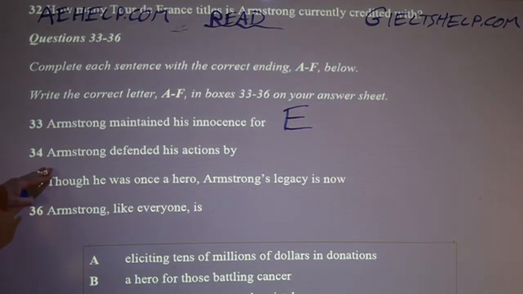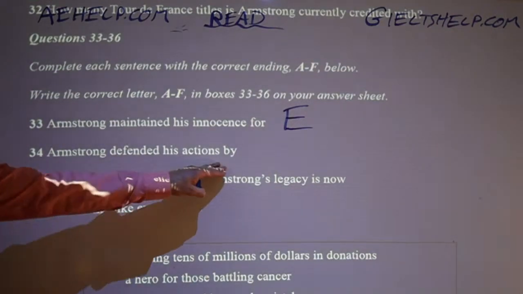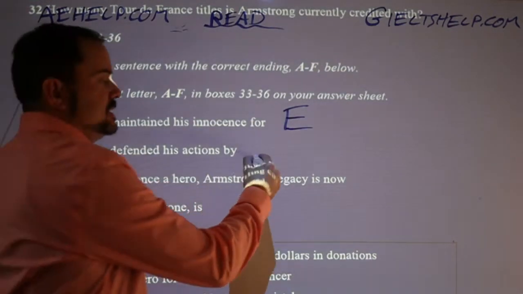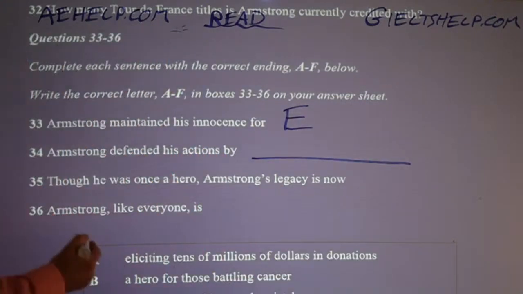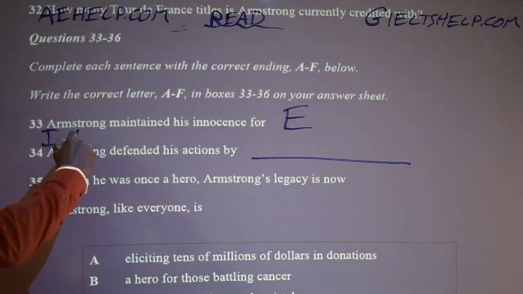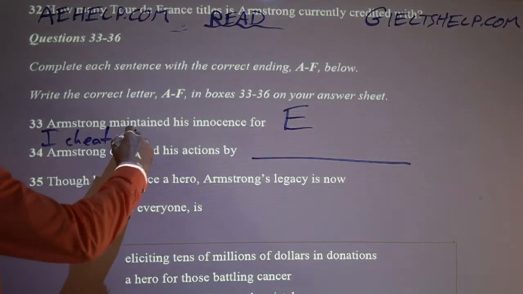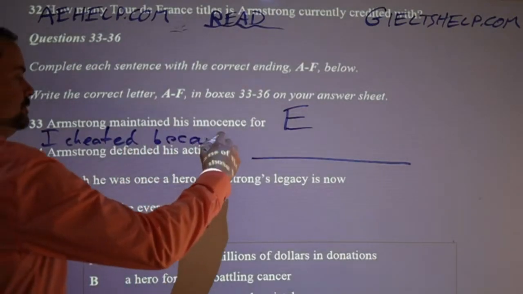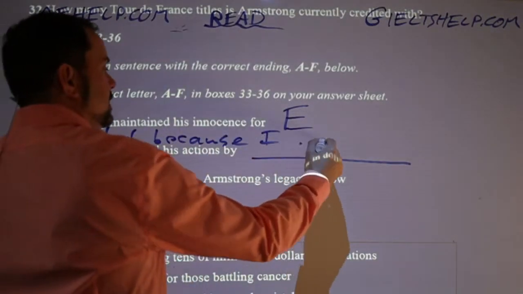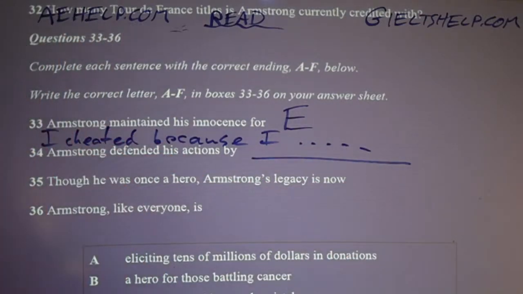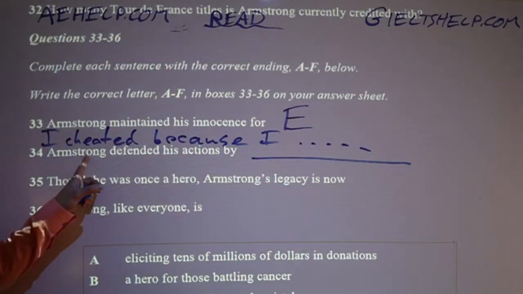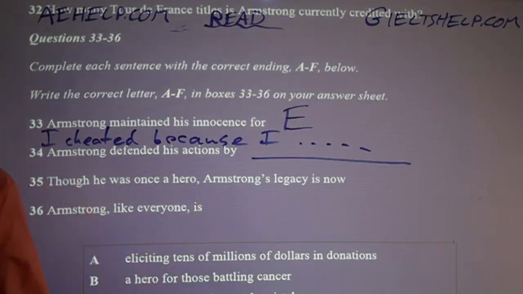Number 34. Armstrong defended his actions by, so basically here I'm saying, okay, and this is the paraphrase, I cheated because, okay, so how would you finish this sentence? I cheated because I think many of us will have the same idea here.